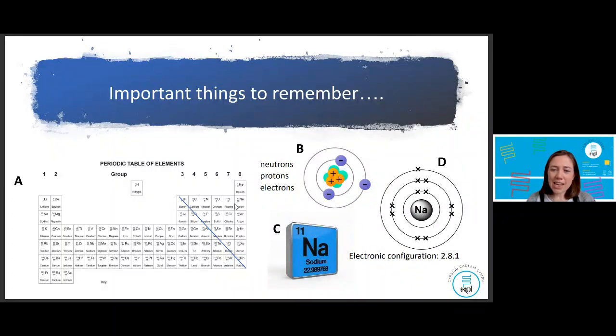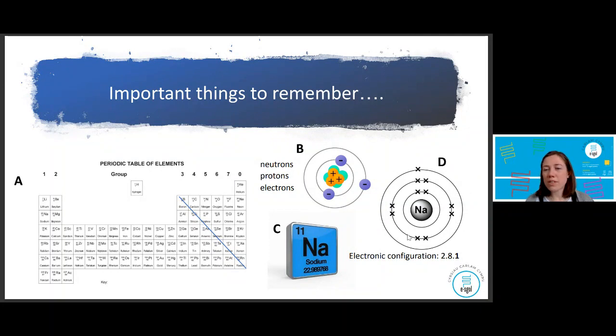If we look back at C, you'll see that 11 is here, that is the number of protons present in an atom of sodium. If there are 11 positive protons, there must be the equivalent number of negative electrons because all atoms are neutral. So we know there are 11 electrons also in sodium.